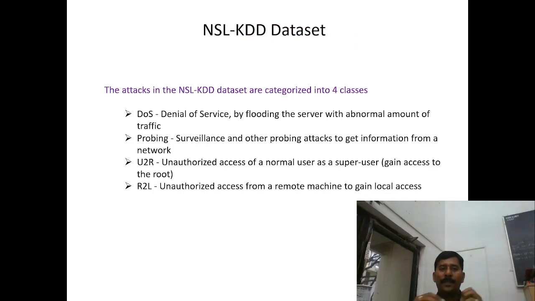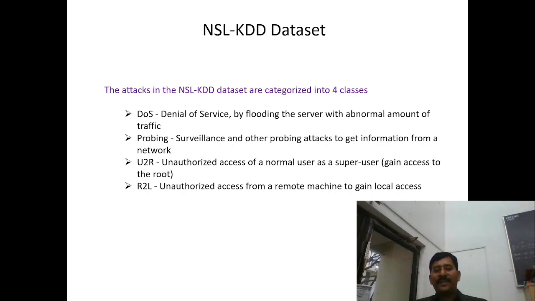Now coming to the various attacks in the NSL KDD dataset. Those are categorized into 4 classes. One is DOS, denial of service. Second one is probing. Third one is U2R, unauthorized access of a normal user as a super user. Fourth one, R2L, that is unauthorized access from a remote machine to gain local access.